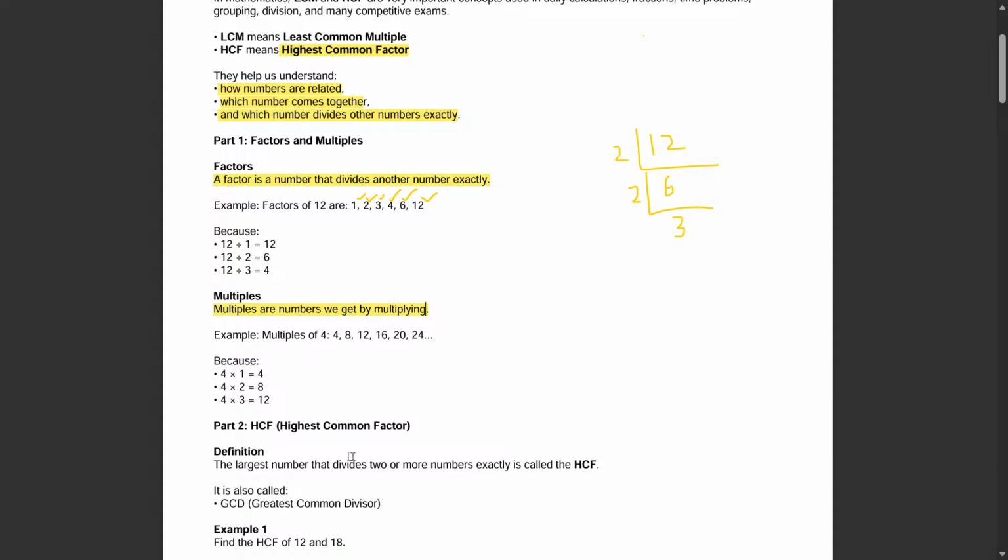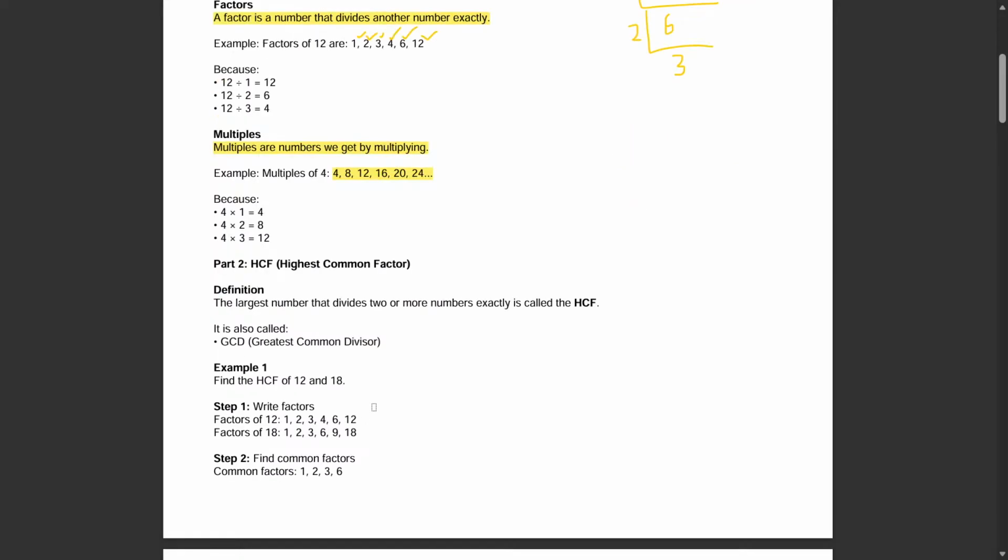So we are getting unlimited numbers. Multiples of 4 are unlimited, but specific. 4 multiplied by 1 gives 4, 4 multiplied by 2 gives 8, 4 multiplied by 3 gives 12, and so on. So multiples of 4 are 4, 8, 12, 16, 20, and 24.